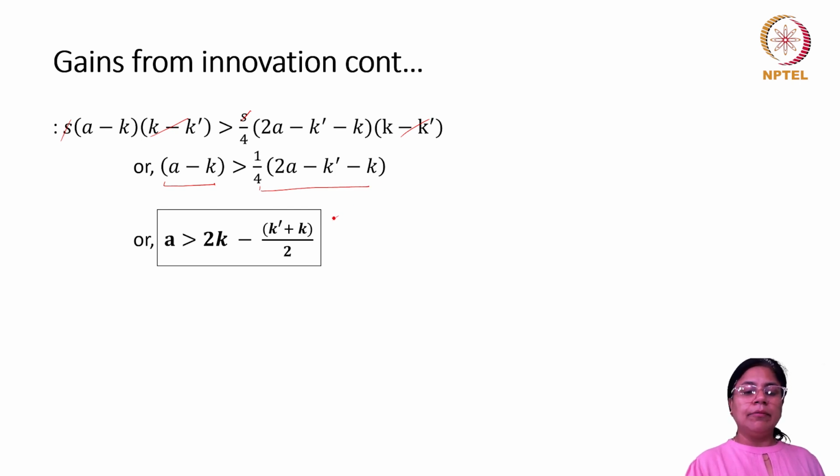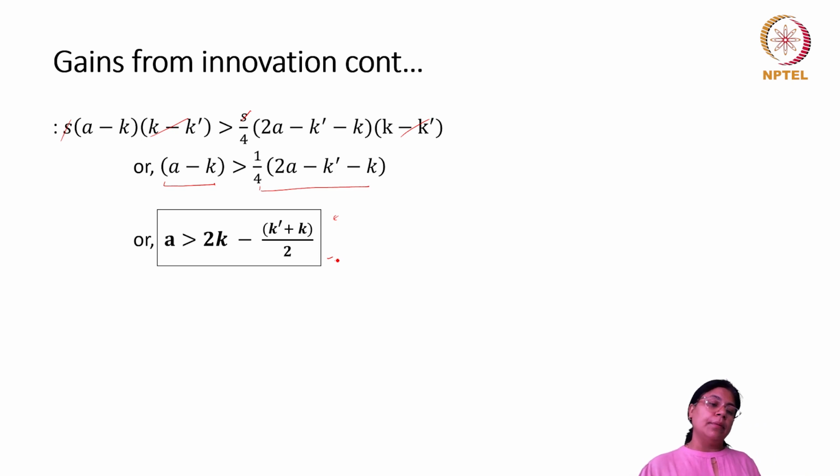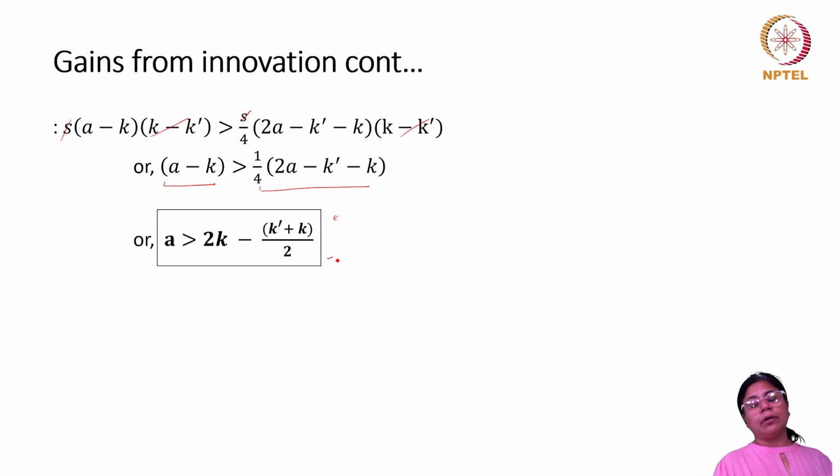This can be very easily written as a being greater than 2k minus k prime plus k by 2. Now we have to show that this situation will hold in order to once again prove that the profit that a Bertrand player will earn is going to be higher than the monopolist.